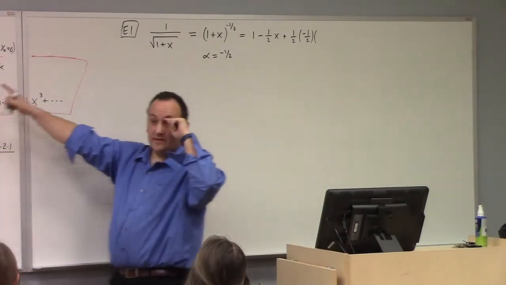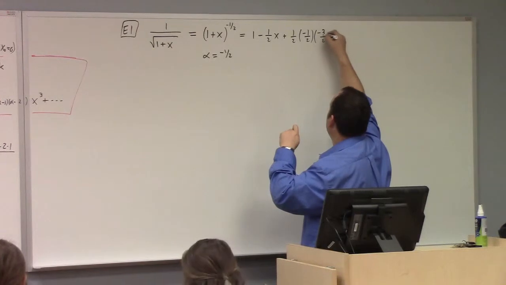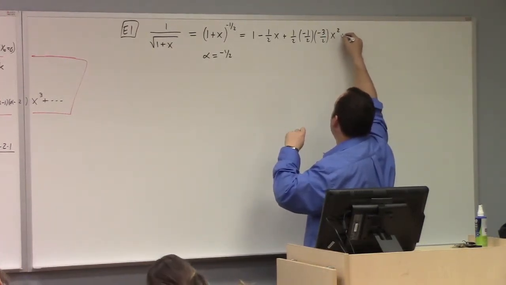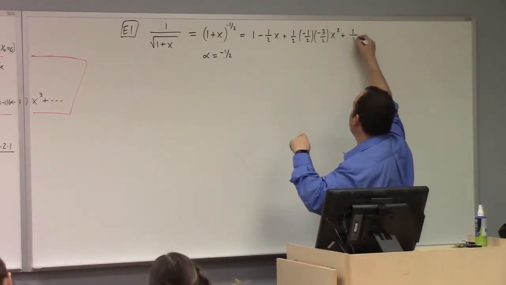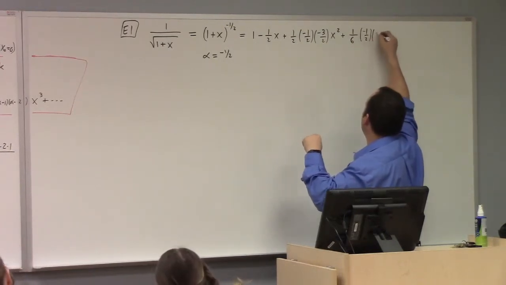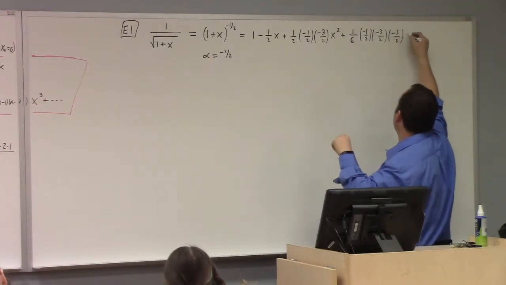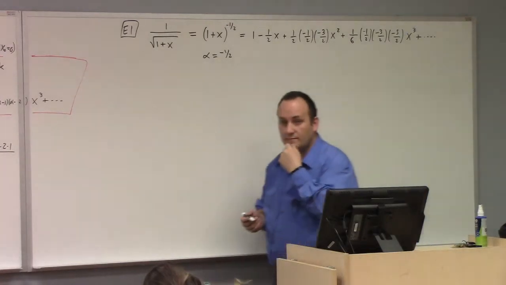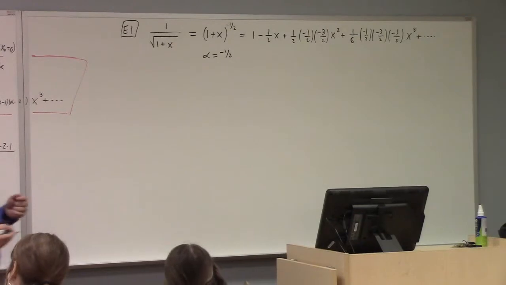Minus 3/2, right? x squared. I'll do the first 4 terms to make sure we understand what we're doing. 1 over 3 factorial, which is 6, times minus 1/2, minus 3/2, minus 5/2, x cubed. This is the pattern. So there's the first 4 terms.